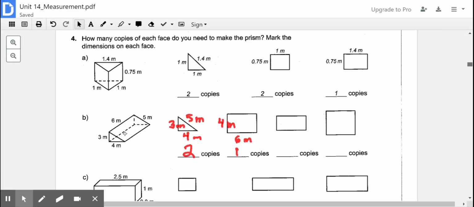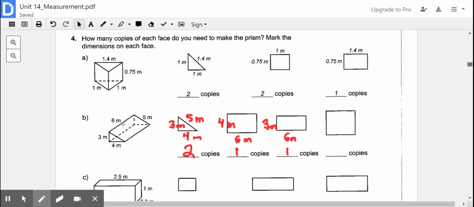Okay, I've got another one here, which is going to be on this side here with the narrow rectangle. So it's a 3 by 6 right here. So the narrow side is 3 meters, and the long side is going to be 6 meters, and this is 1.